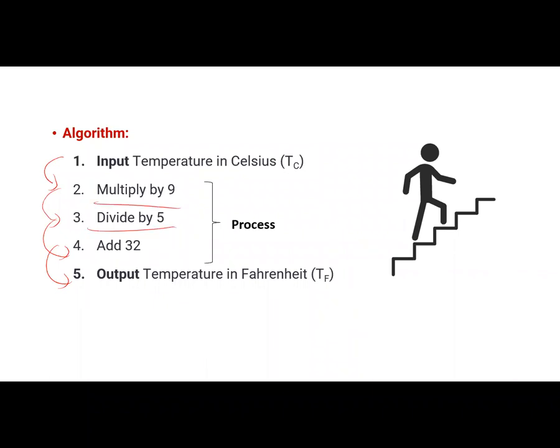You can divide by 5 first and multiply by 9 later, and it does not affect the output. This is the algorithm that converts temperature in Celsius to Fahrenheit.